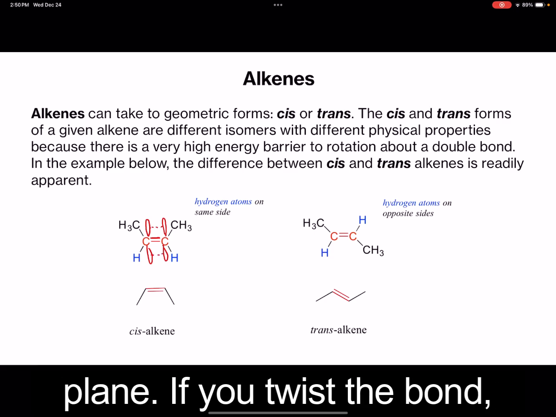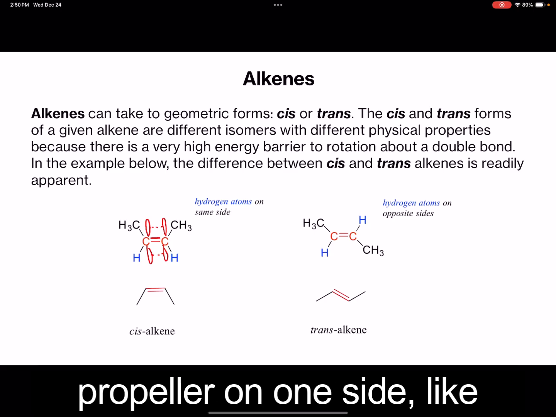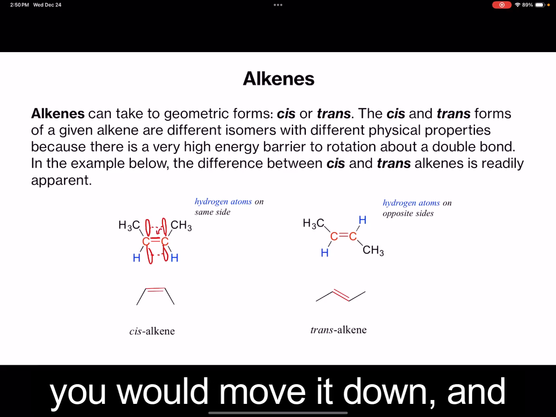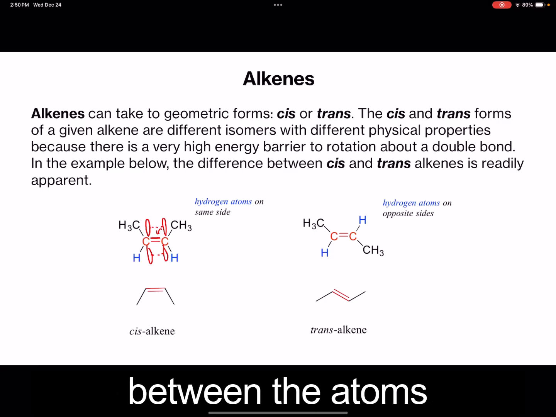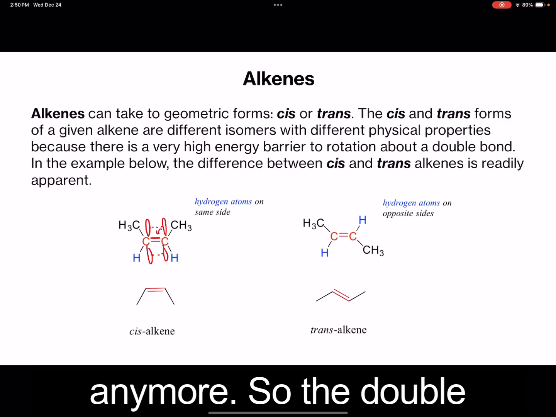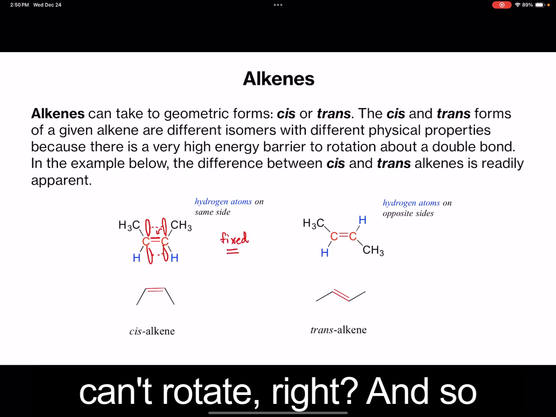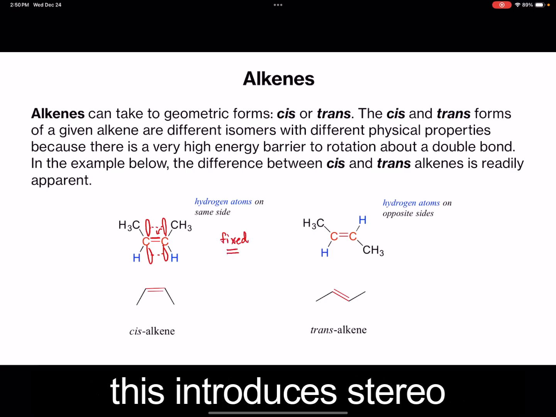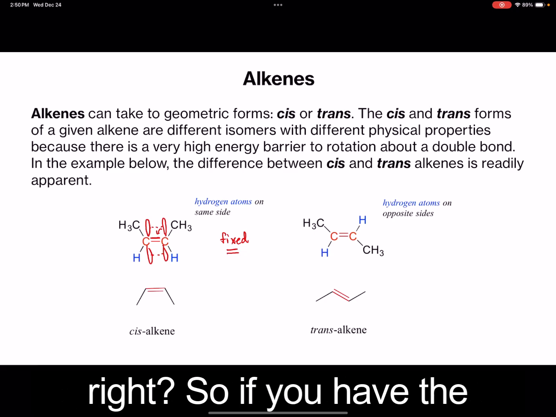If you twist the bond, you're going to move the propeller on one side down, and then those electrons won't be able to be shared between the atoms anymore. So the double bond is fixed. It can't rotate, and so this introduces stereochemistry around that bond.